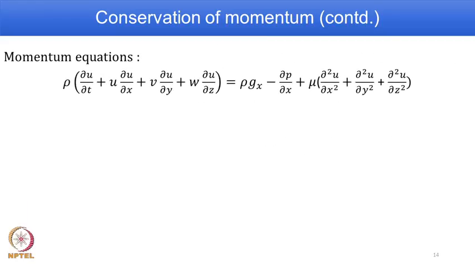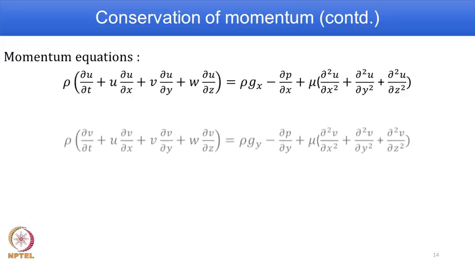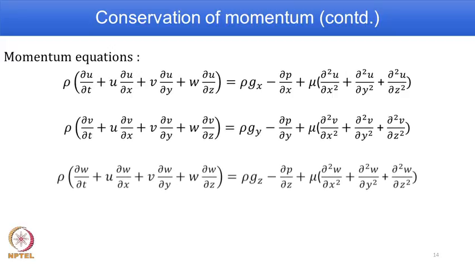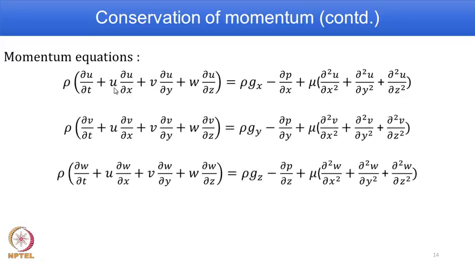If you do that, you are able to write the complete momentum equation, and you see the v momentum equation or y momentum equation, and the third direction, the w momentum equation or z momentum equation.